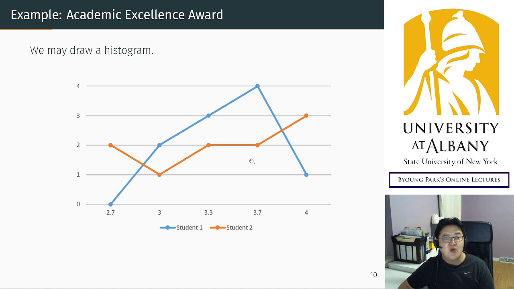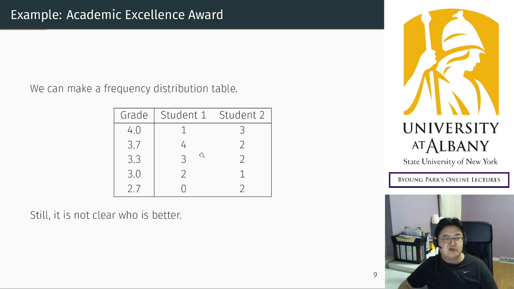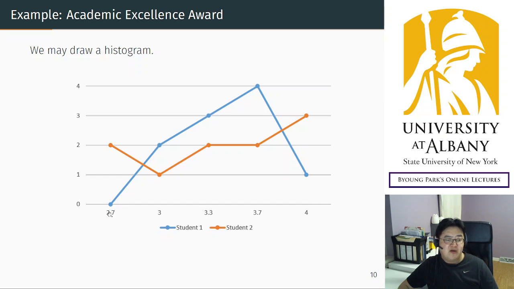So we are going to make a histogram. This is another way to summarize the data. I turned this frequency distribution table into a histogram for each letter grade, like B minus, B plus, A minus, A. I count how many grades they got of each grade: two B minuses and one B, two B pluses, two A minuses, and three A. That way, it shows a histogram.